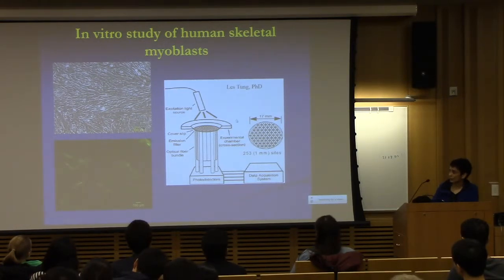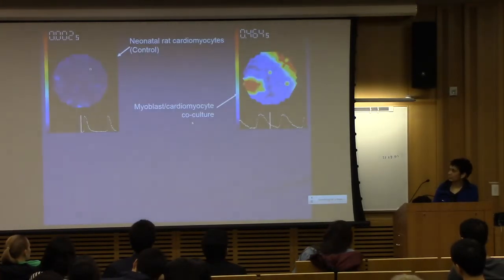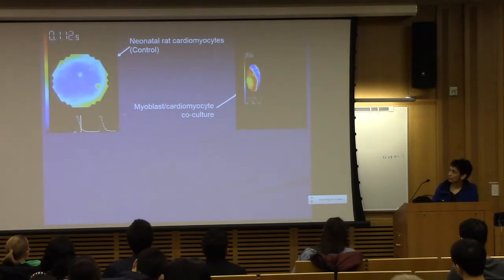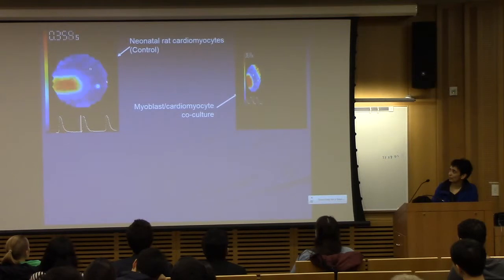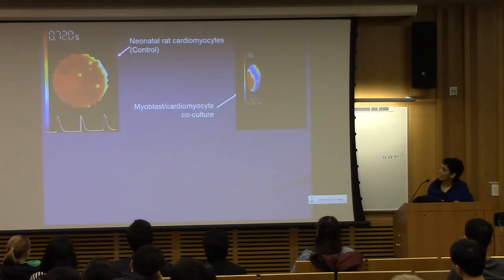And then in collaboration with Dr. Tung from the Department of Biomedical Engineering, we did optical mapping, and we looked at what happens to propagation. This is an example of a normal monolayer, just from neonatal rat ventricular myocytes, and this is the one with skeletal myoblasts. You can see how fast the propagation is here, and how slow and very irregular it is there.